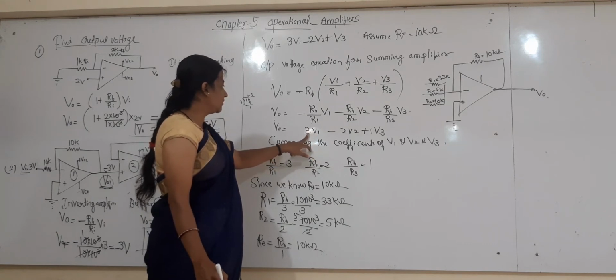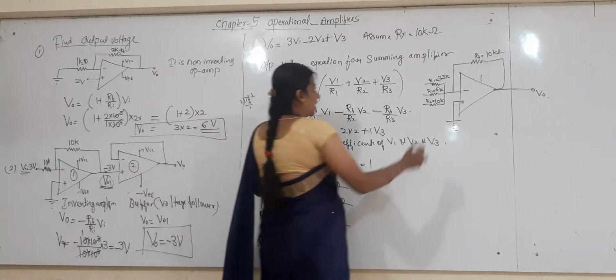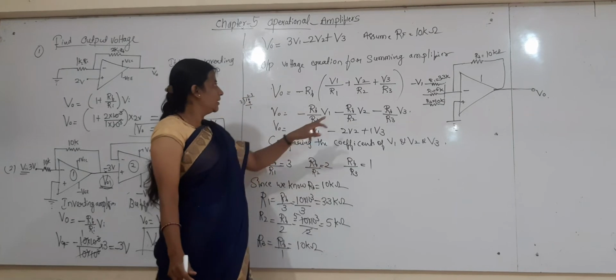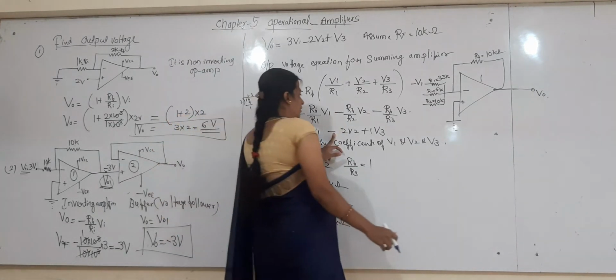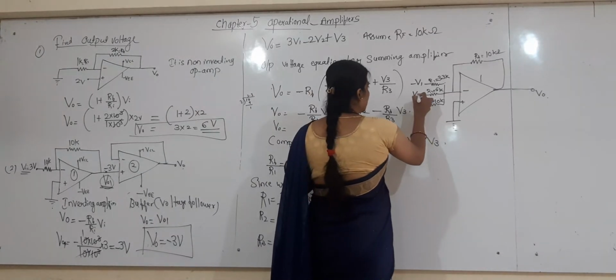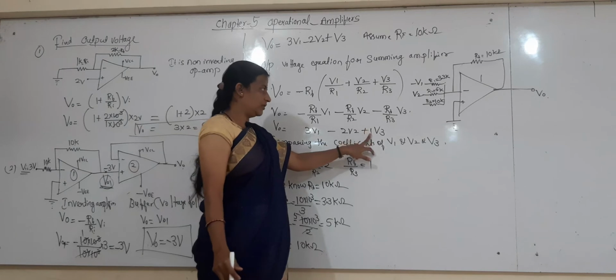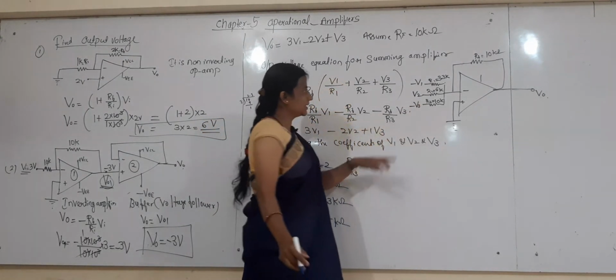Here V1 is negative, which means we have to write minus V1. V2 is minus here, which means we have to write it as plus V2. Next, V3 is minus and here V3 is plus, which means you have to write minus V3. So that is the design.